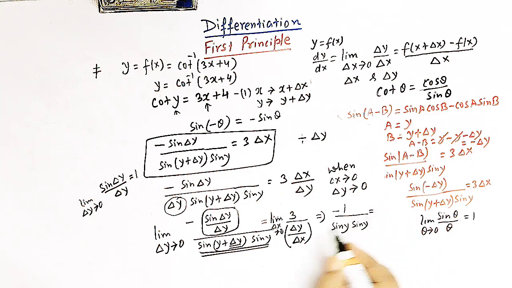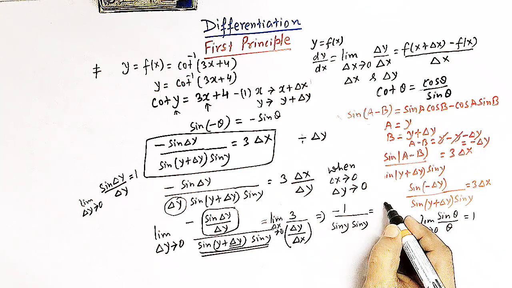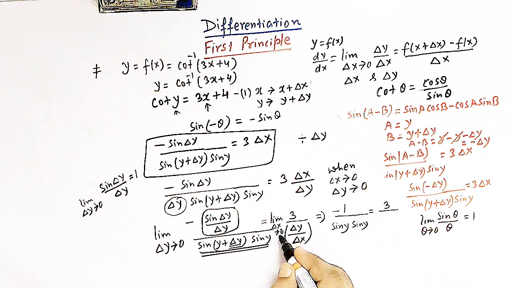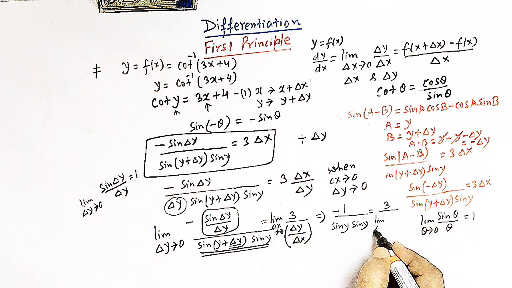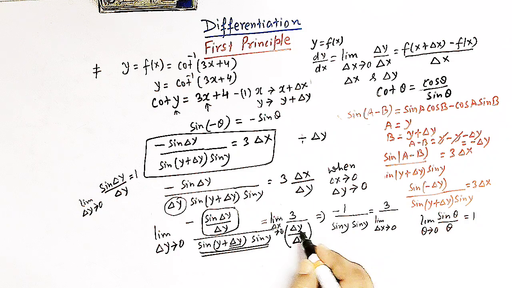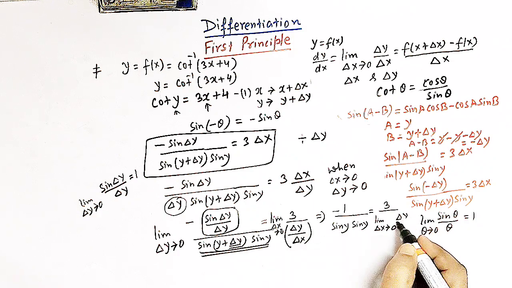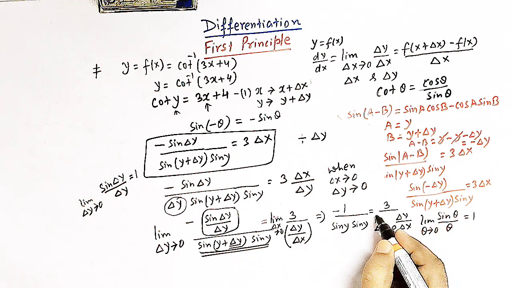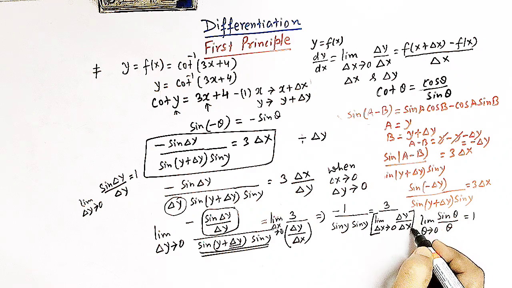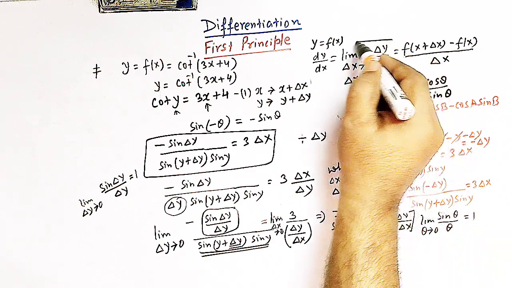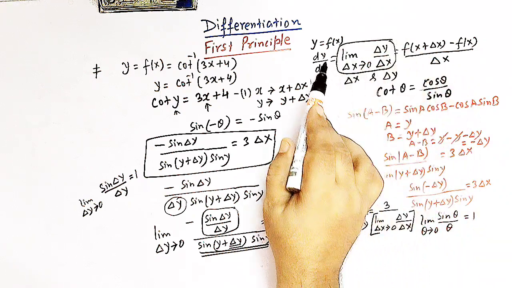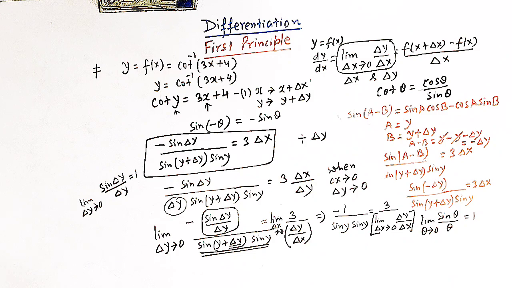And now in the right hand side we have 3, and we can take a limit delta x tends to 0, and this is delta y over delta x. Now this term is equal to the derivative, that is dy over dx.